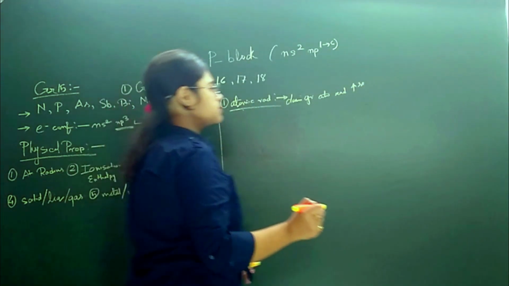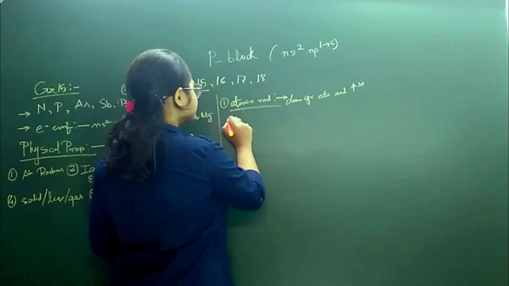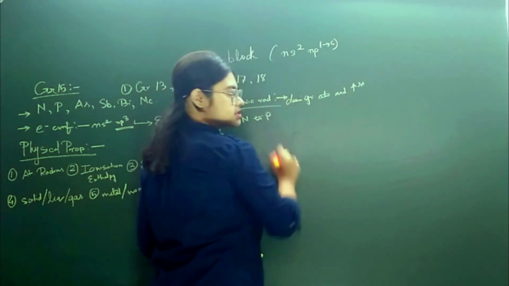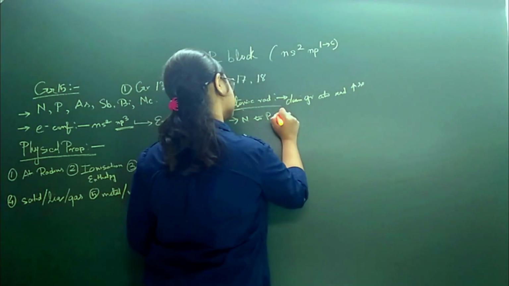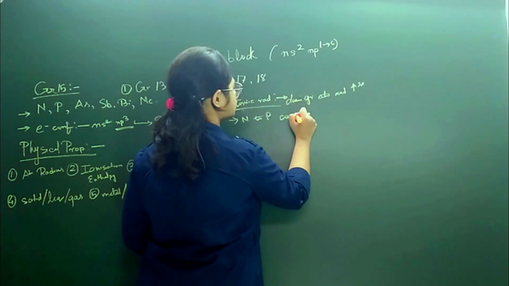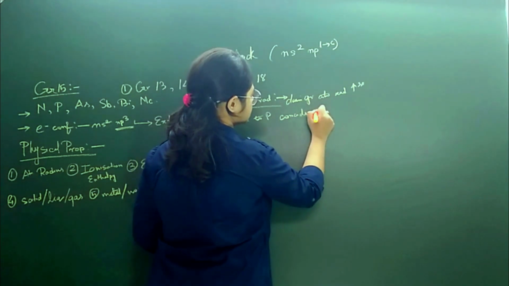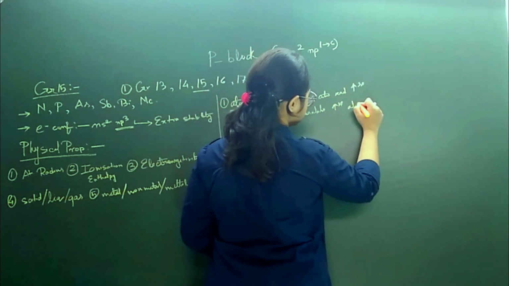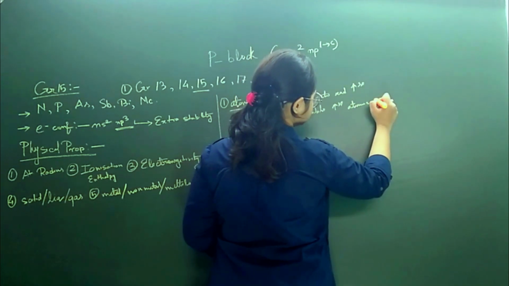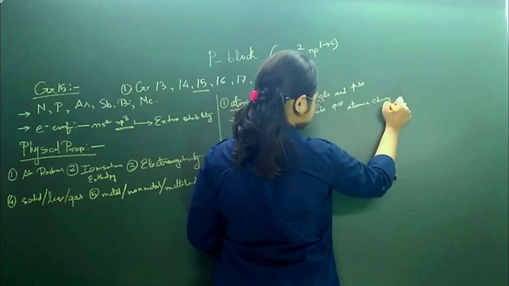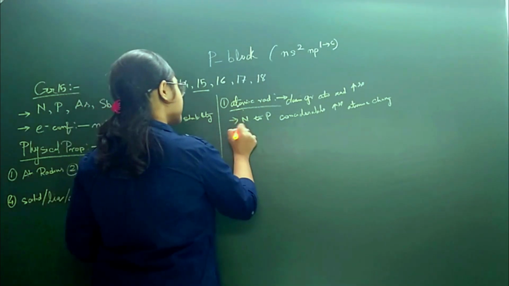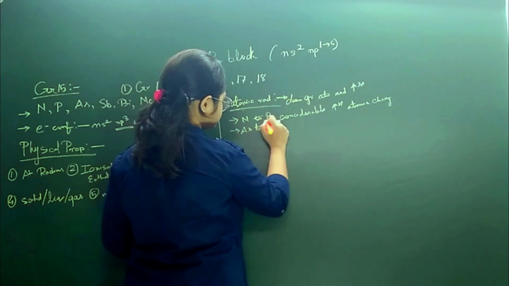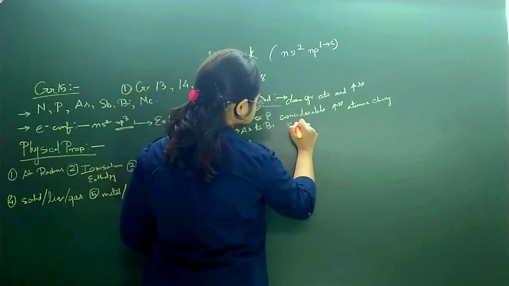But here one condition applies: from nitrogen to phosphorus there is a considerable increase in atomic size. And next, from arsenic to bismuth, there is only a small increase.